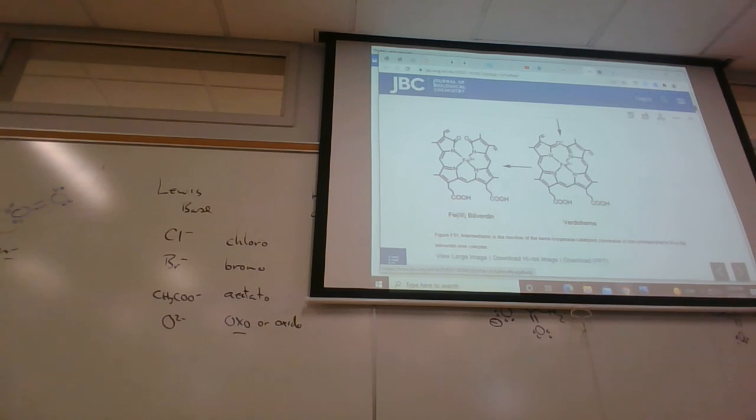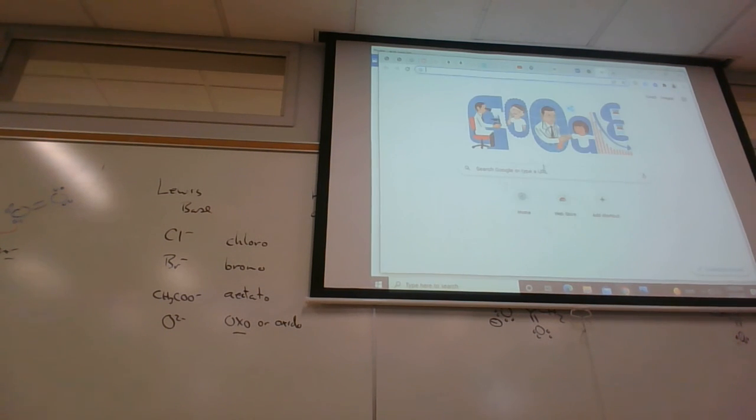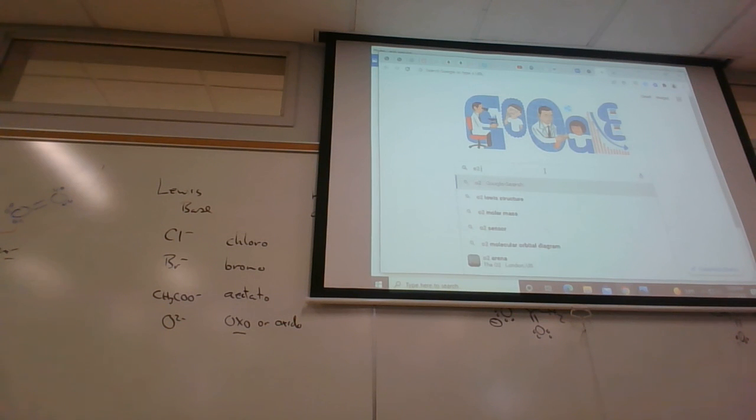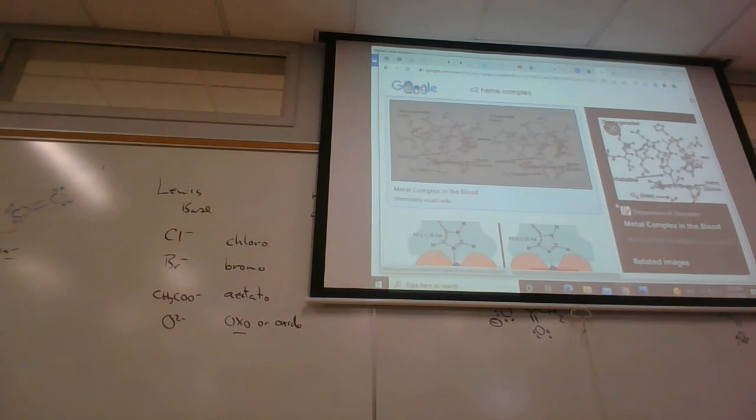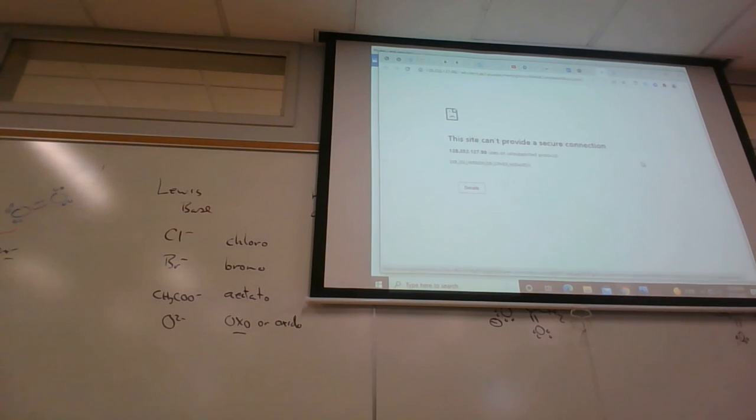And so let's take a look at the O2 heme complex.